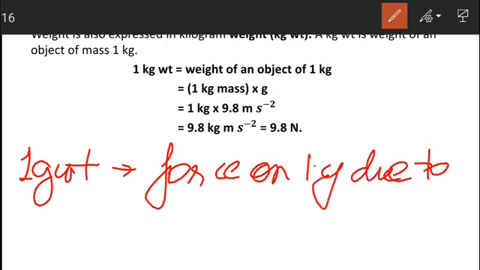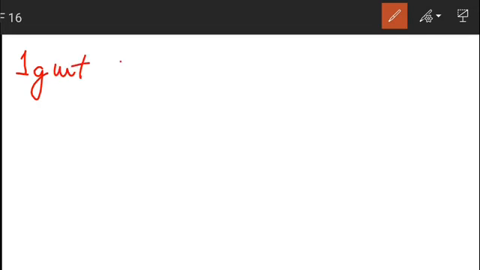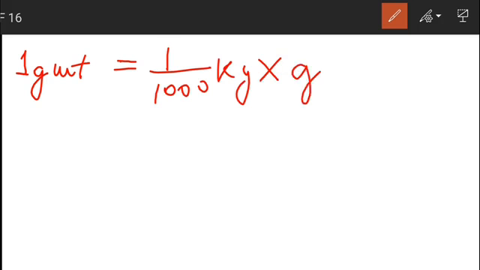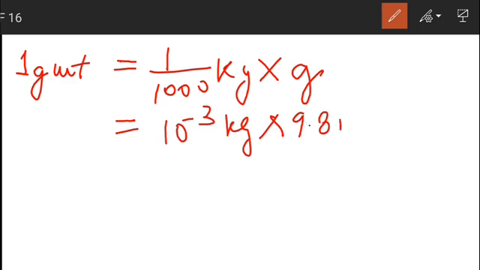Now let us see. Here what we write, 1 gram weight. 1 gram weight can be written as 1 upon 1000 kilogram into g. It is equals to 10 to the power minus 3 kilogram into value of g is 9.8 meter per second square.